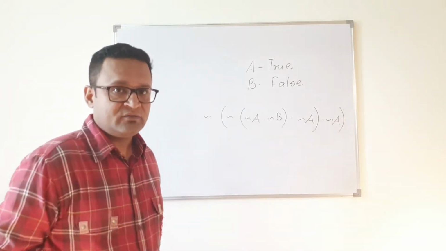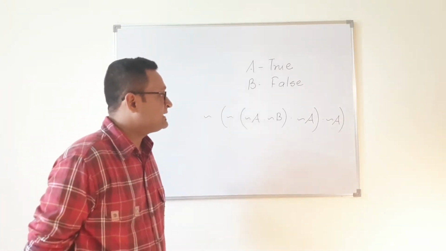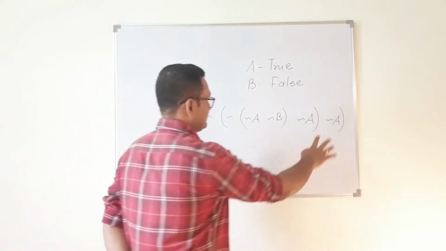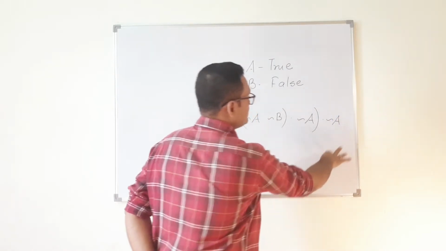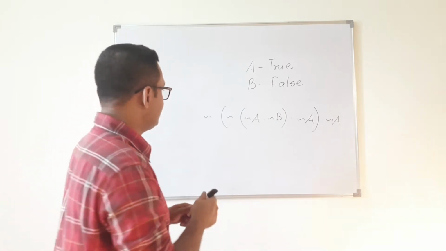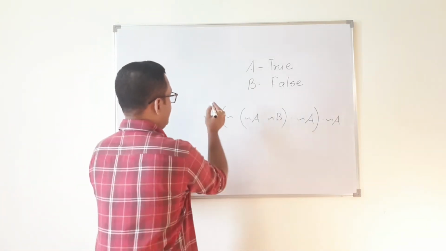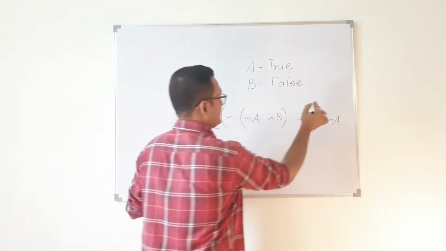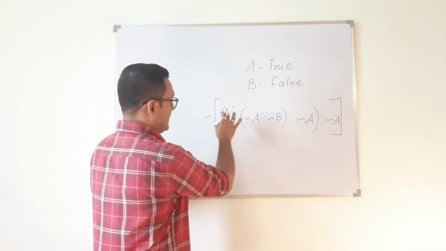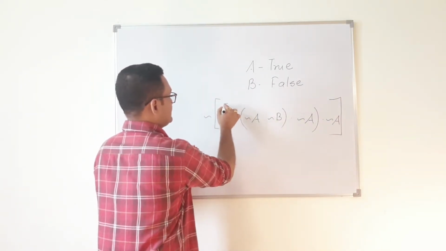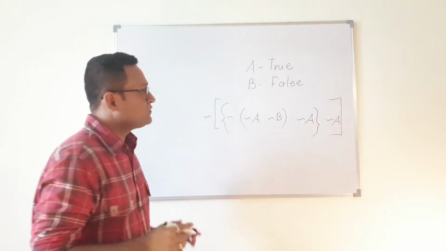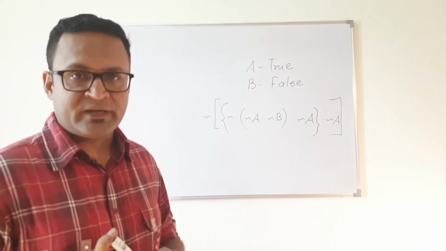The first thing you need to understand is how you are going to put certain brackets. You need to see that the left hand side brackets and the right hand side brackets are equal. So if I put brackets here and here, the bracketing is now proper as per our convention.